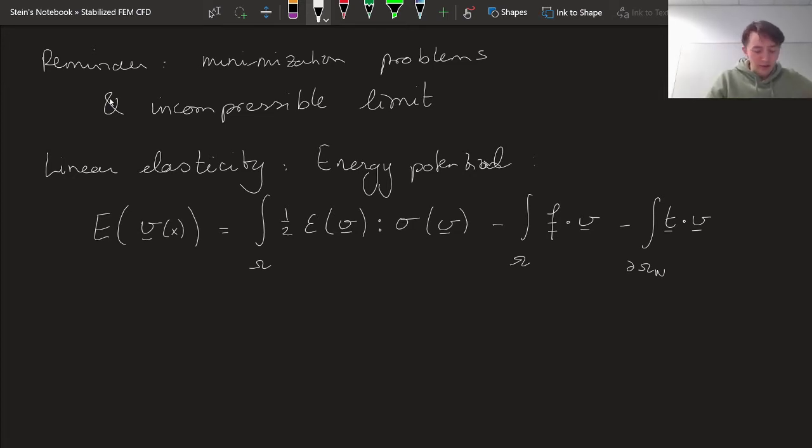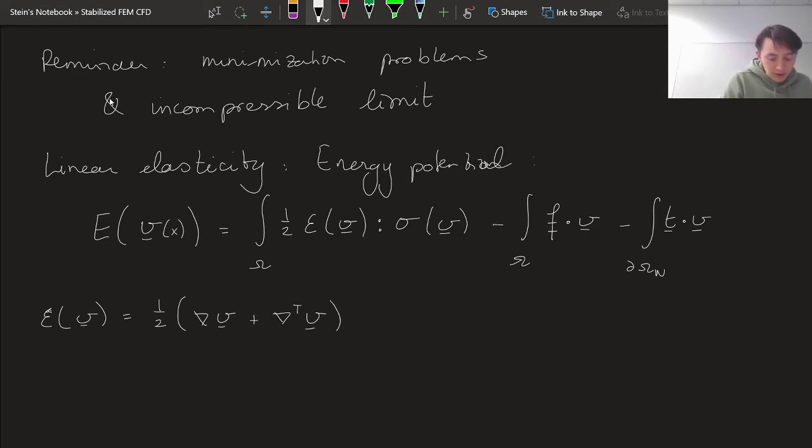Let me define some notation here. We're dealing with small strains, so epsilon of some function v is going to be equal to half of the symmetric gradient, which is the gradient of v plus the transpose gradient of v.